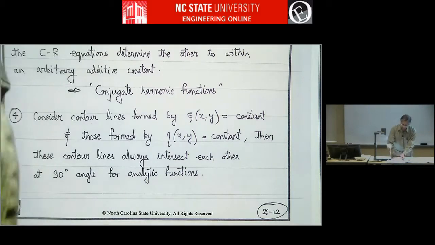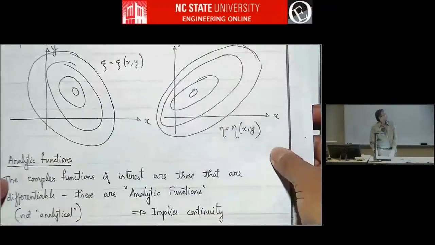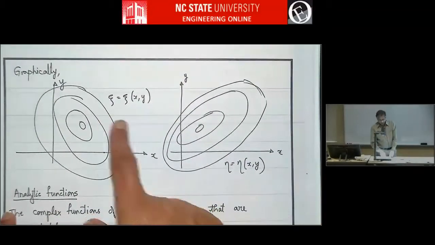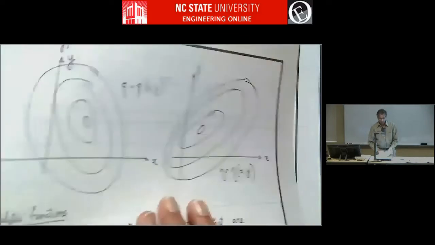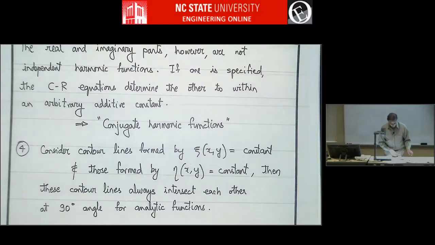Several pages back, I tried to graphically illustrate what is psi and what is eta. This one is one complex function, this is another complex function. Now, if these are analytic, they will intersect at 90 degrees everywhere. So it forms a mesh, and at every intersection, it's always 90 degrees.